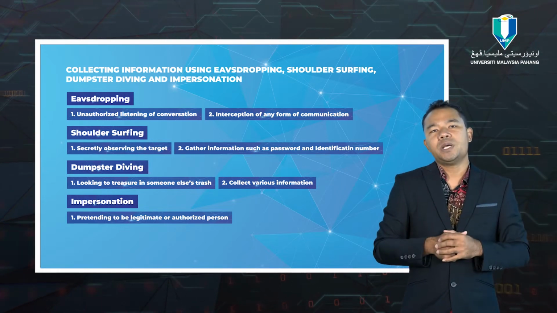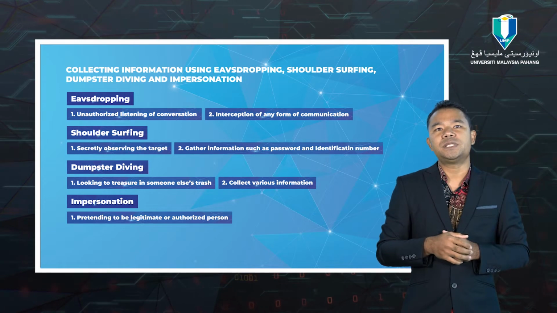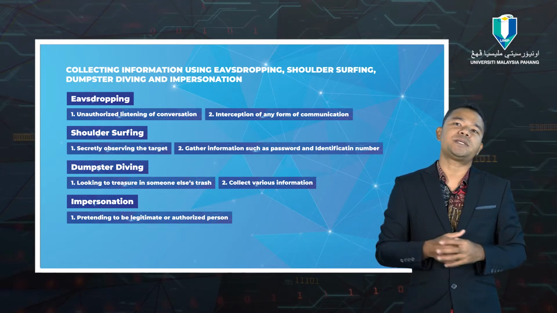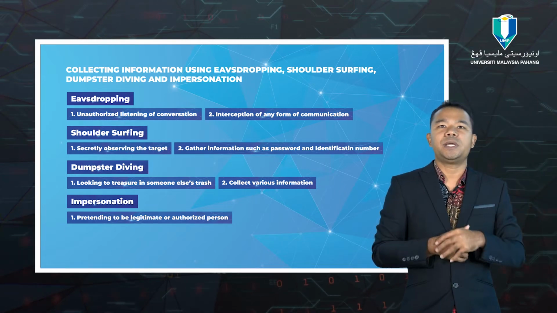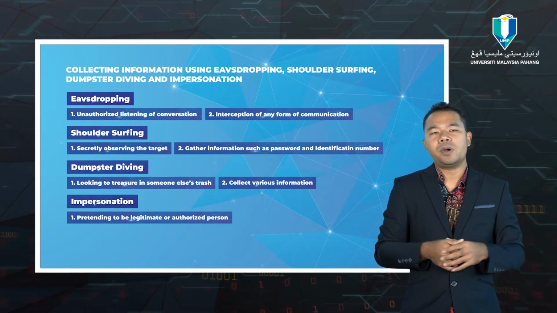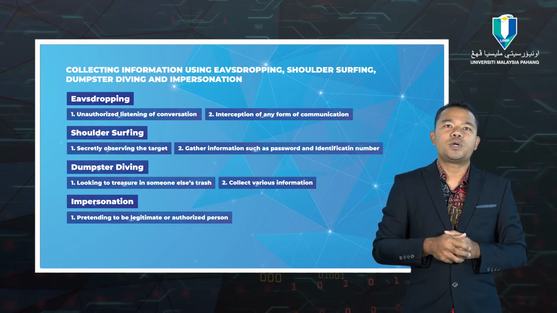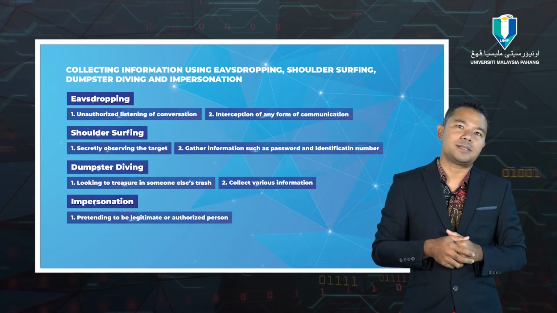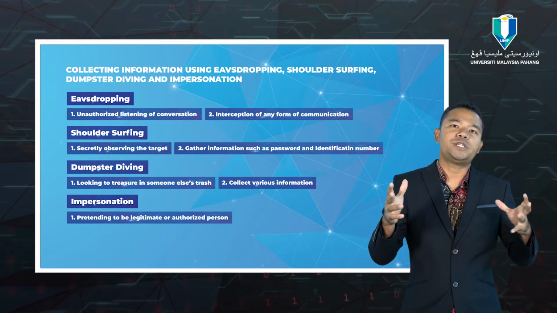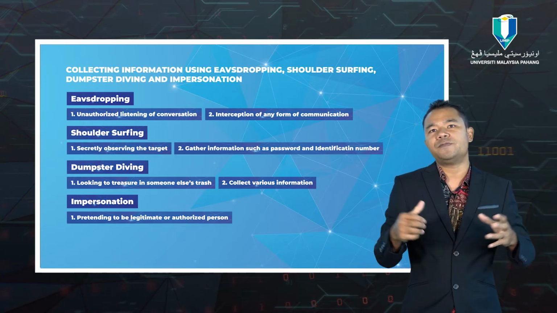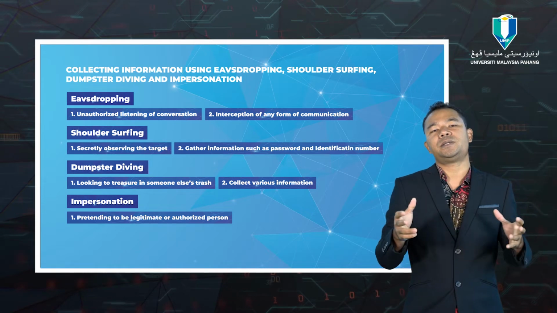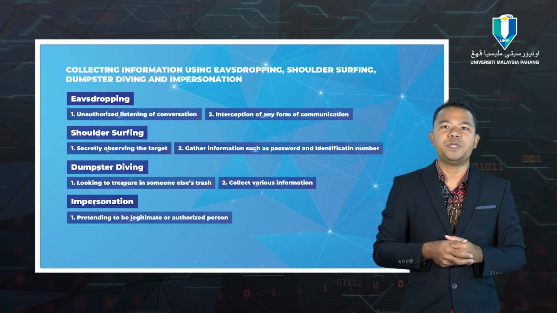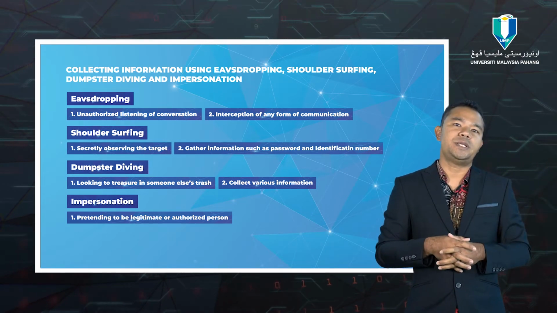Shoulder surfing: secretly observing the target to gather critical information such as passwords, personal identification numbers, account numbers, and credit card information. Dumpster diving: looking for treasure in someone else's trash. It involves the collection of phone bills, contact information, financial information, and operation-related information from the target company's trash bins, printer trash bins, and user desks for sticky notes.